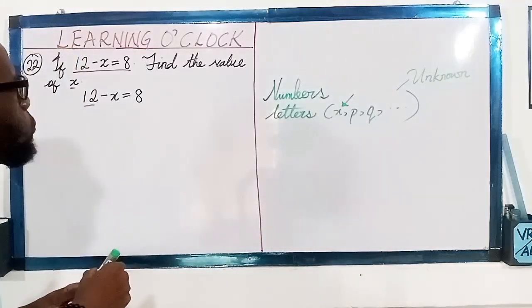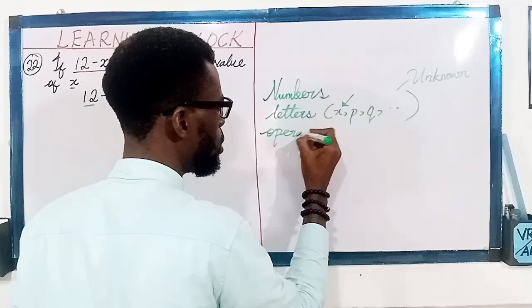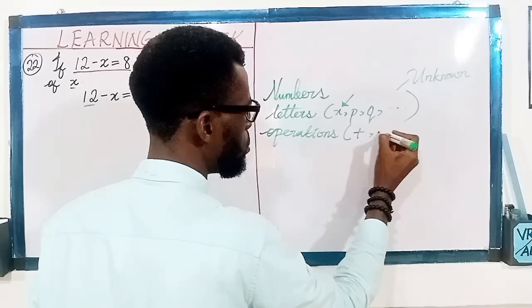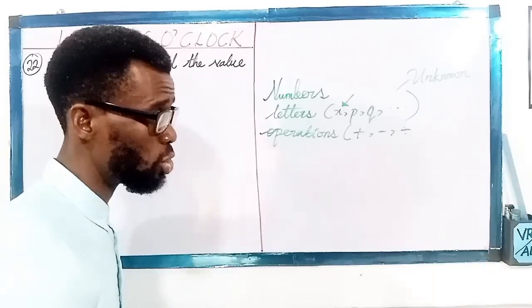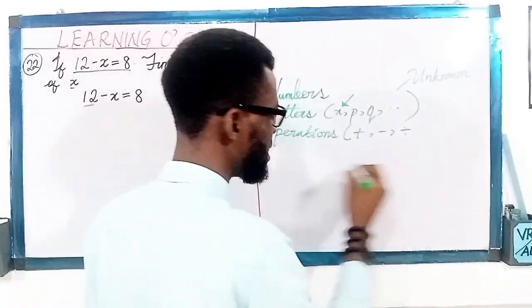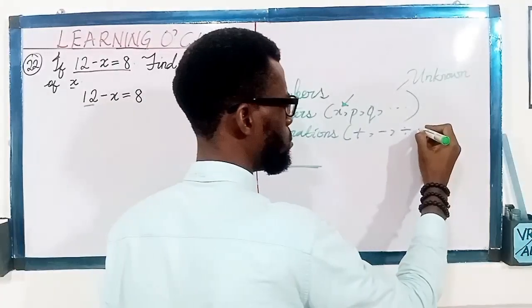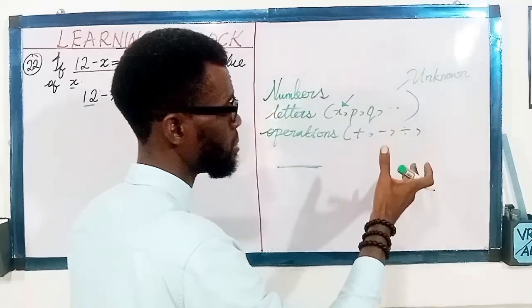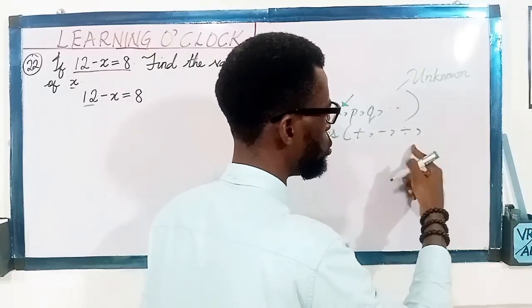And you usually have operations in an equation, so mathematical operations. Those operations could be plus, minus, or divide, and division is usually represented with a dividing line. These are basic operations: plus, minus, division.